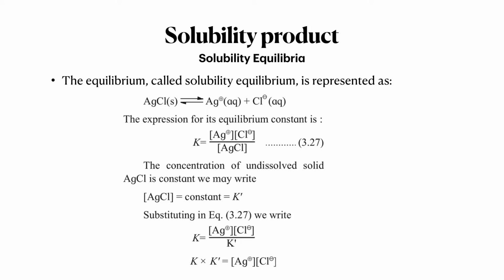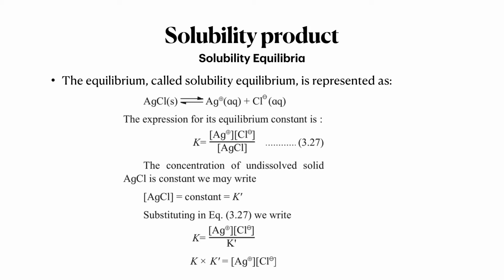Once you understand the solubility equilibrium reaction, the next step is to write the equilibrium constant. The equilibrium constant K is equal to the concentration of the products upon the concentration of the reactants.